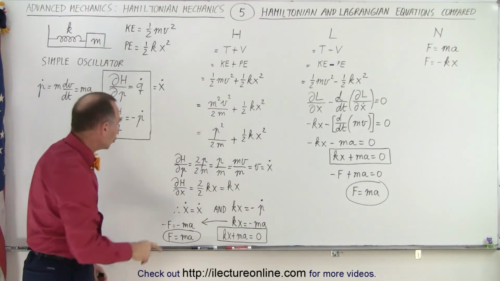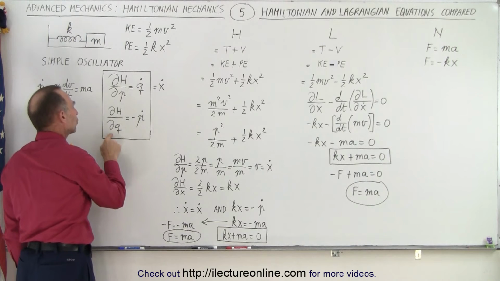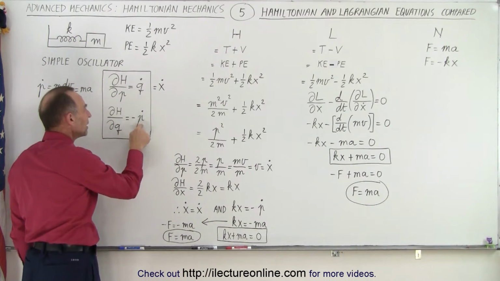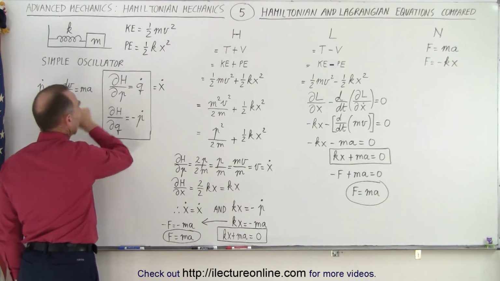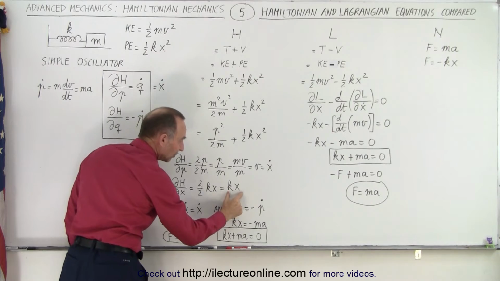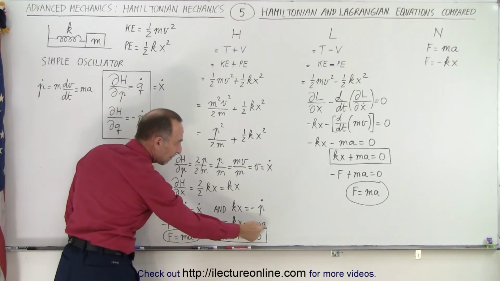But the general solution of the partial derivative of the Hamiltonian with respect to the coordinate x is minus p dot, and we know that p dot is m times a. So in this case, we realize that kx must equal the negative of p dot, or the negative of ma.